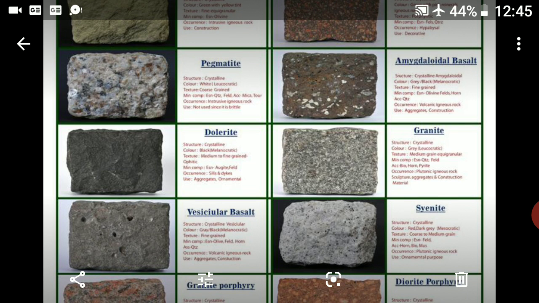Next is pegmatite. As you know, pegmatite is a hypabyssal rock. We can call it intrusive pegmatite. Structure crystalline, color white, leucocratic, texture coarse grained.